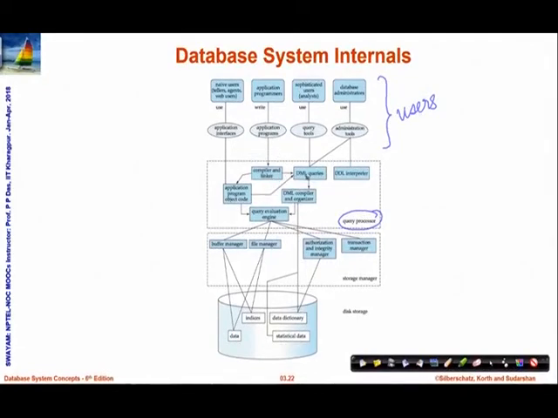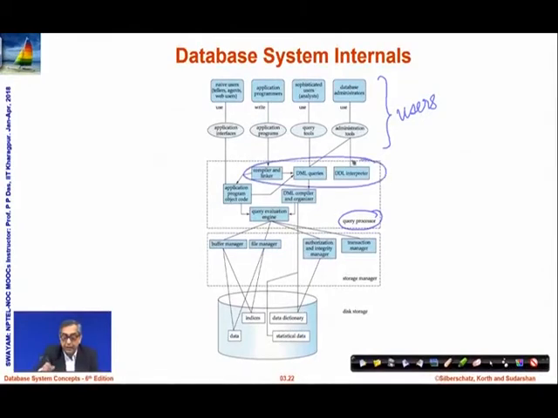So, the compiler, linker, these are the basic processing, then the compiler organization, and the evaluation engine, which actually takes care of the processing of the whole query, and then it goes to the storage manager.